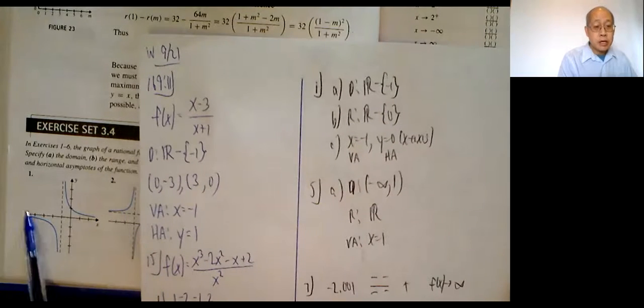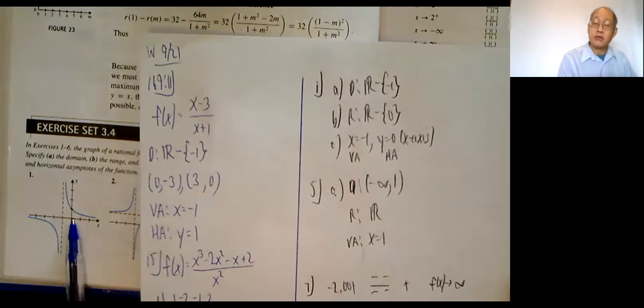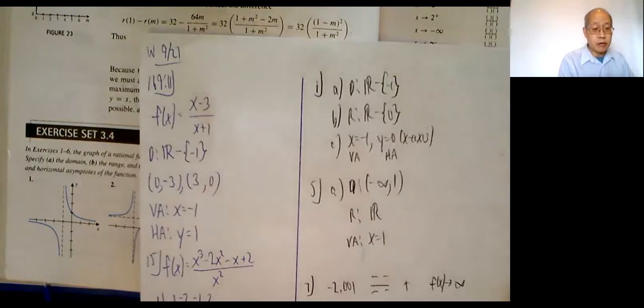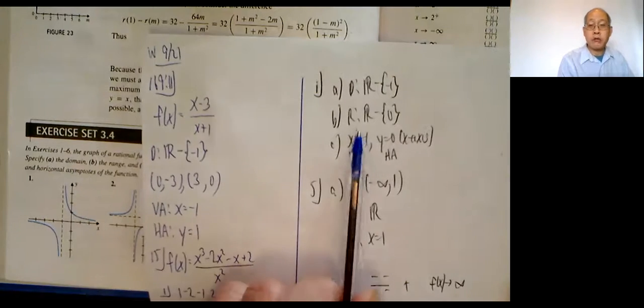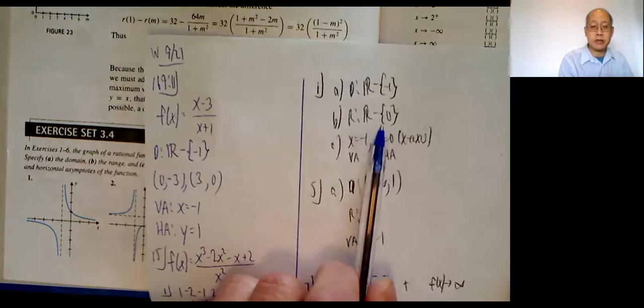B, range. Okay, well, y cannot be 0. Looks like the x-axis, which is y equals 0, is an asymptote, but y can be any other number. It can go down as much as you want and as high as you want. So the range is all real numbers minus the set consisting of 0. All real numbers except for 0.